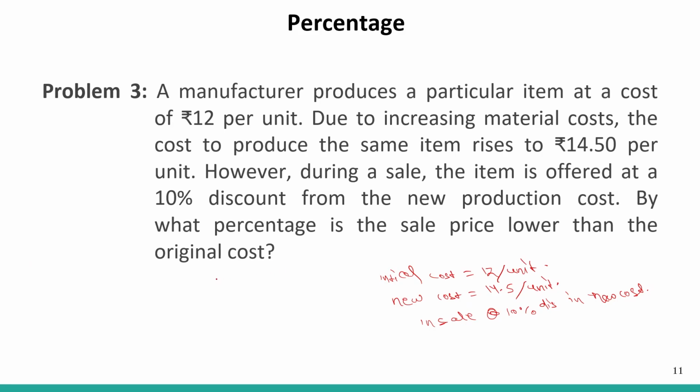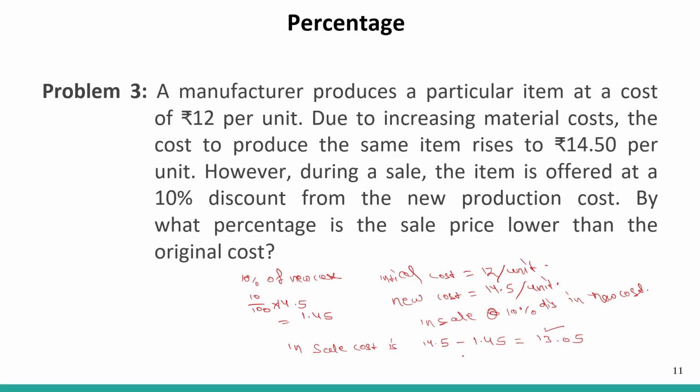Let's see what the price is at sale time. 10% of the new cost: 10 by 100 into 14.5 is equal to 1.45. With this discount, the sale cost is 14.5 minus 1.45, so this becomes 13.05.